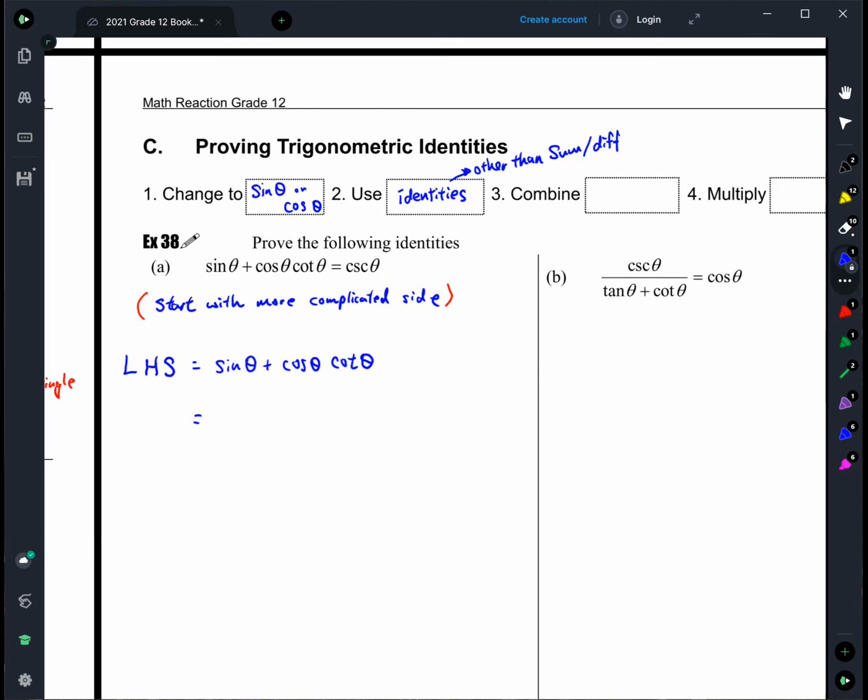Reciprocal? Okay, so cotangent becomes what? Yes, it becomes 1 over tangent theta. Is there another one that has to do with sine or cosine for cotangent?